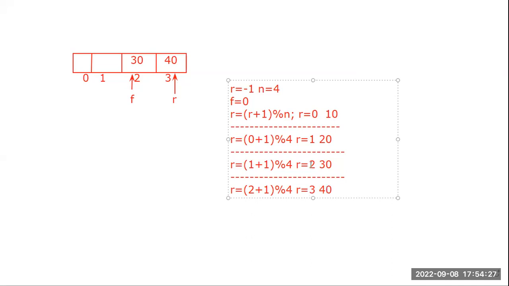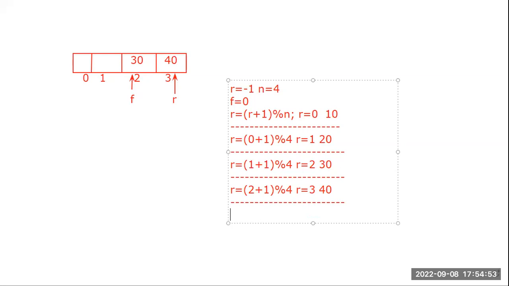After that, I will try to delete 2 elements. I have inserted 4 elements and now I have deleted 2 elements. And again, I will try to insert. Now, what is the value of R? Still, R value is 3 only. If I delete 2 elements, the value of F changes, but the R value is still the same.